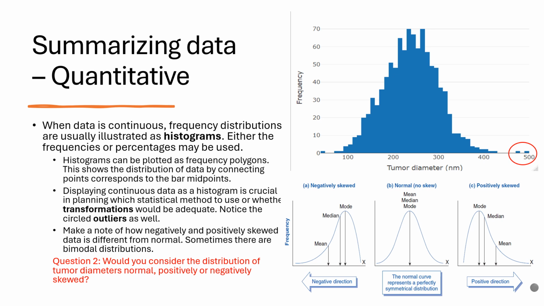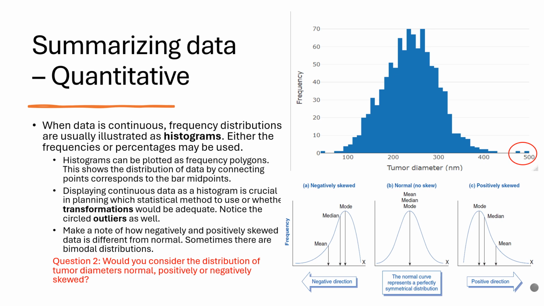And we can also present it as either frequencies, which is counts, or percentages, right? Histograms can be plotted as frequency polygons as well. This shows the distribution of data by connecting the midpoints of each of those bars, right?